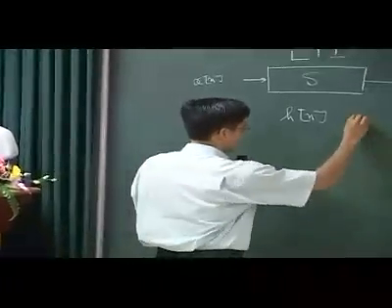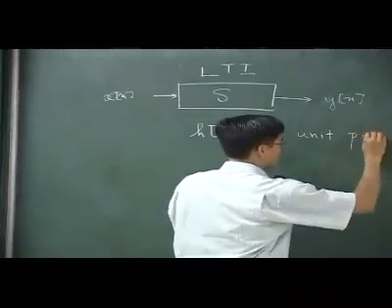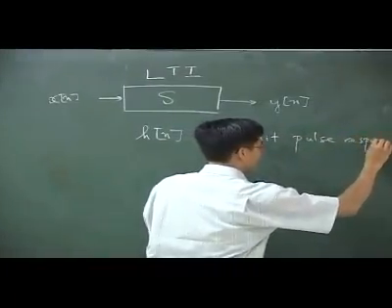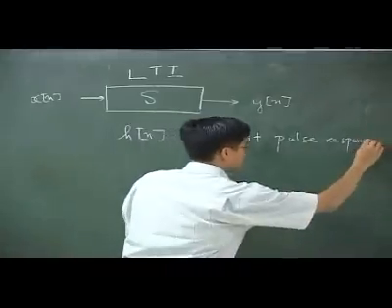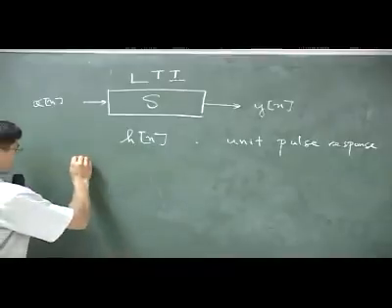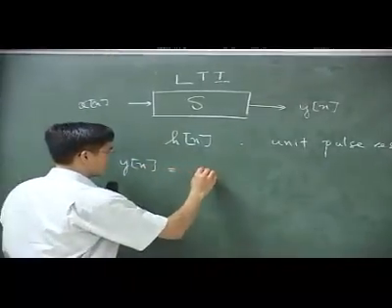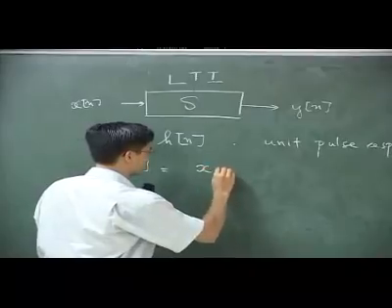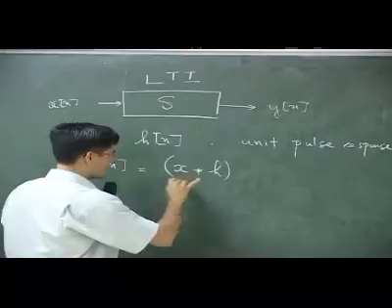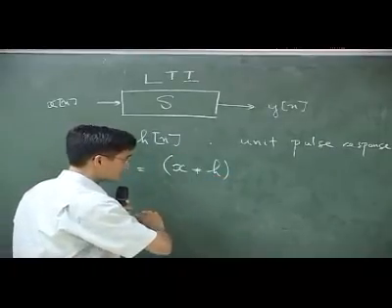So h[n] here is the unit pulse response of that system. And for any LTI system, the output is simply equal to the convolution of the input and the unit pulse response.